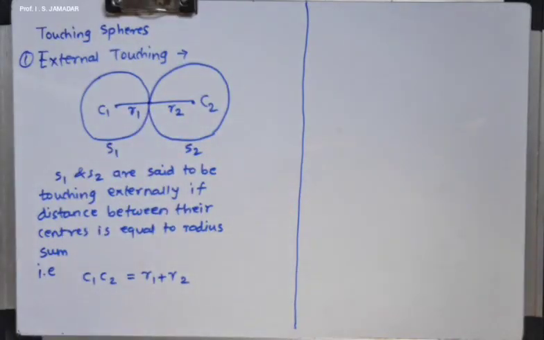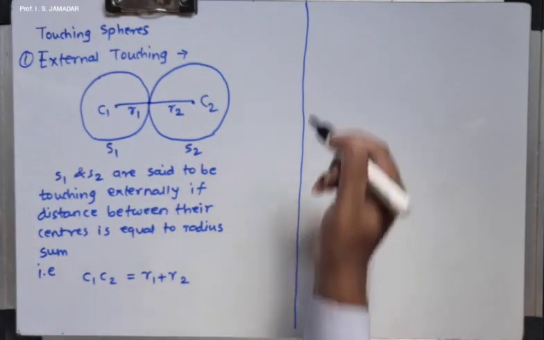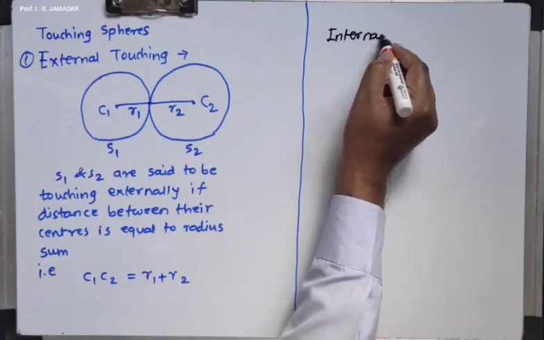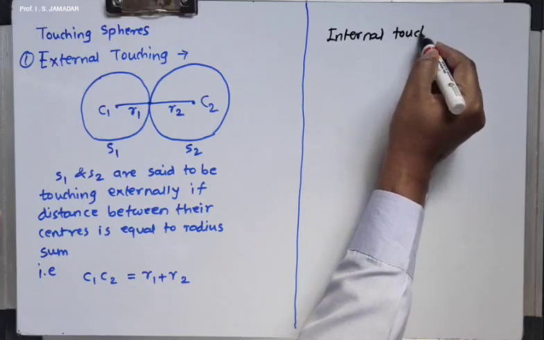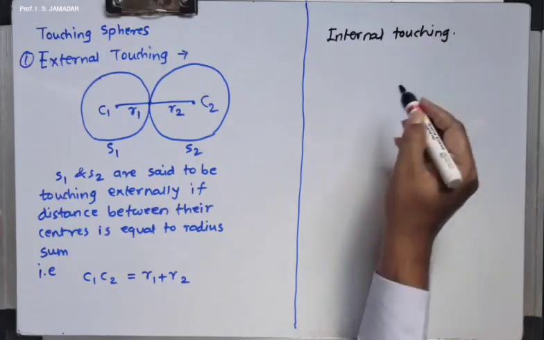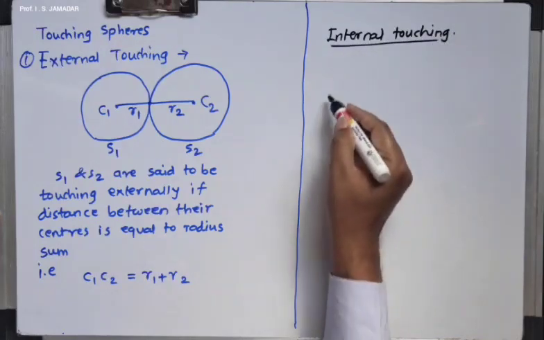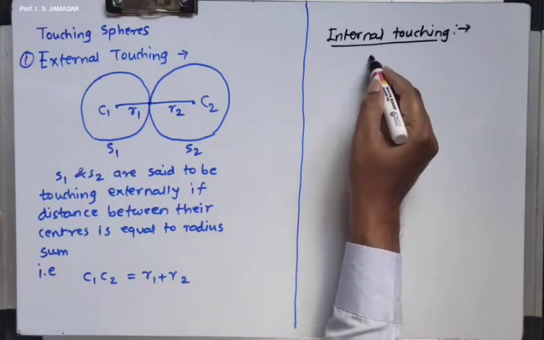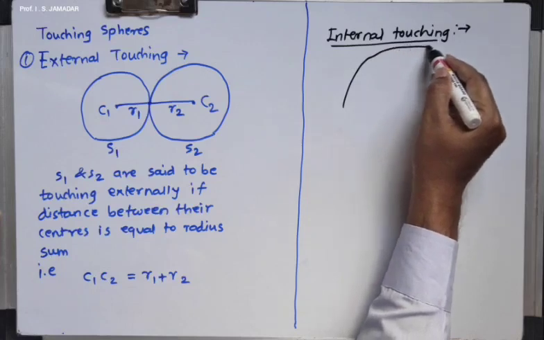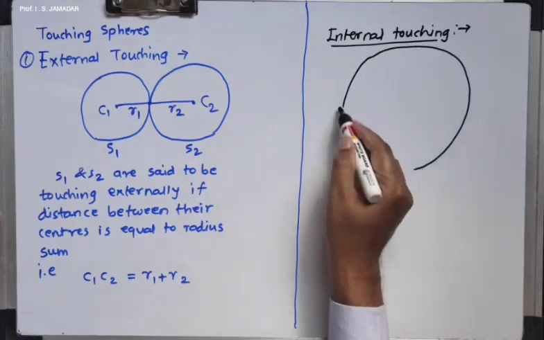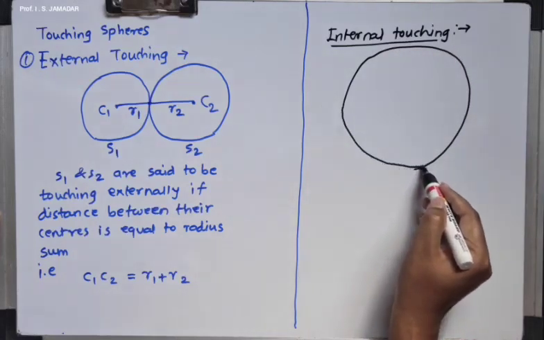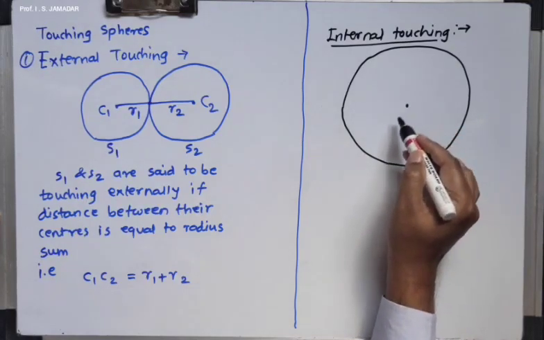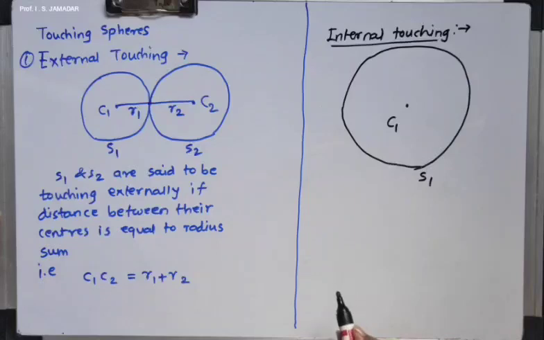Now the next term we have is internal touching, or spheres touching internally. For this, let us consider this diagram. Suppose we have the sphere called S1 and its center is at point C1.